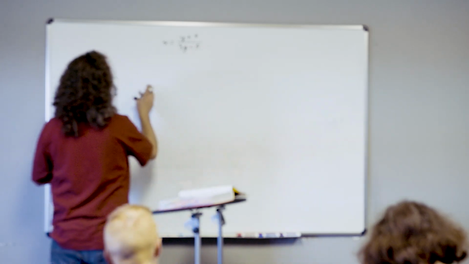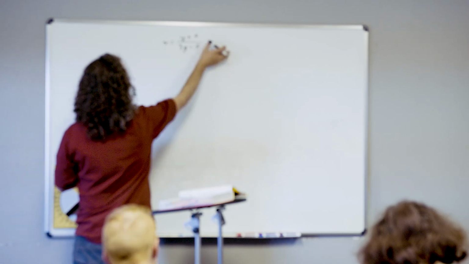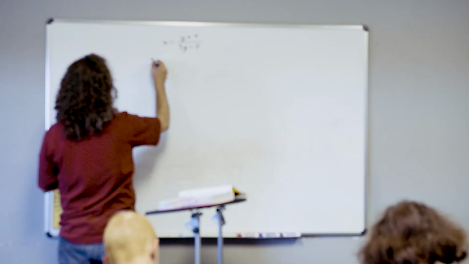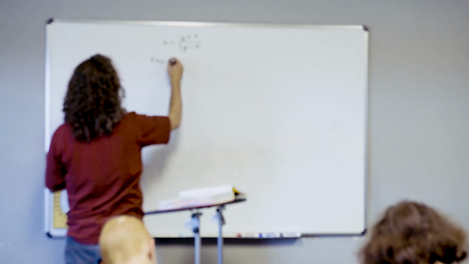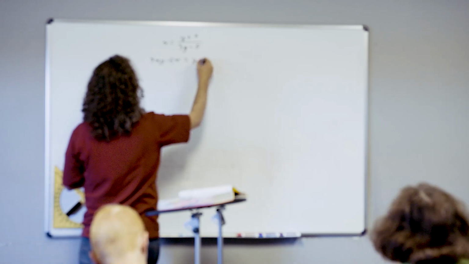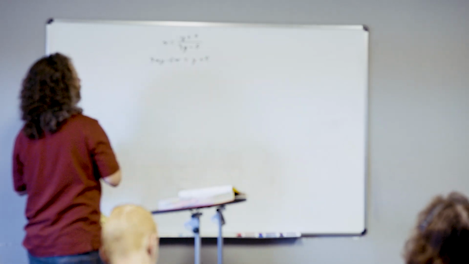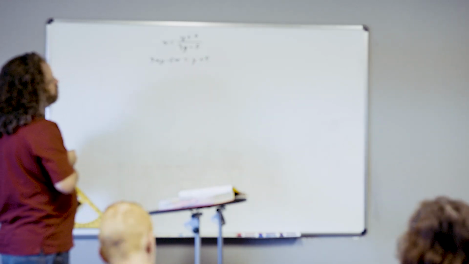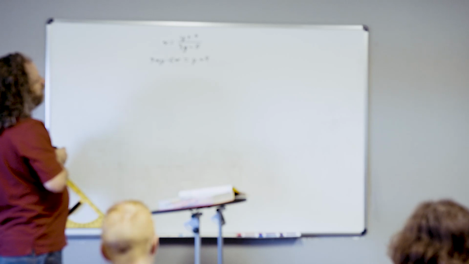So what you did was great. You multiplied this on both sides, so you end up with 3xy minus 5x equals y plus 4, skipping a step and a half. And then you factor it out so it's x and then 3y minus 5.